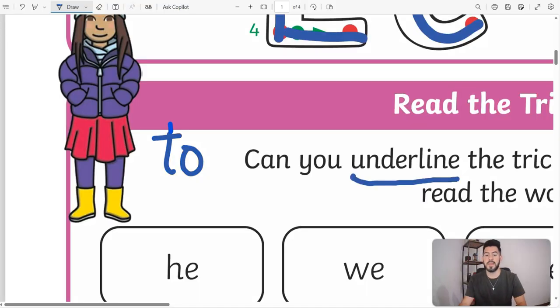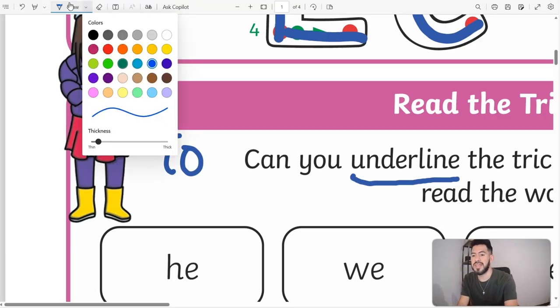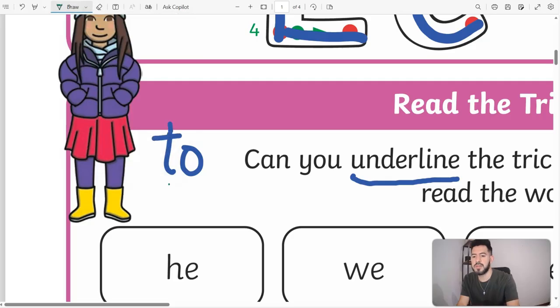Now, in that tricky word, there is a part which has the typical spelling, and there is a part that is tricky, okay? So if you produce each sound, you will say something like t and o, right?